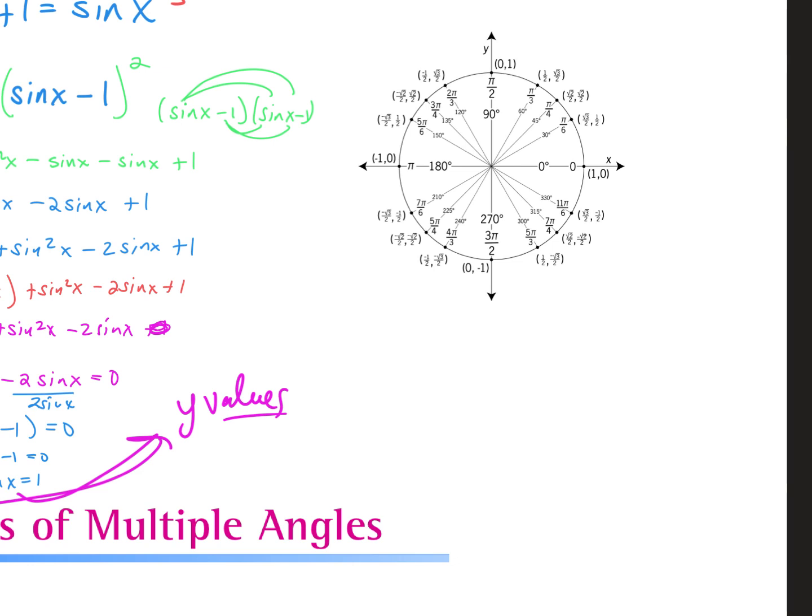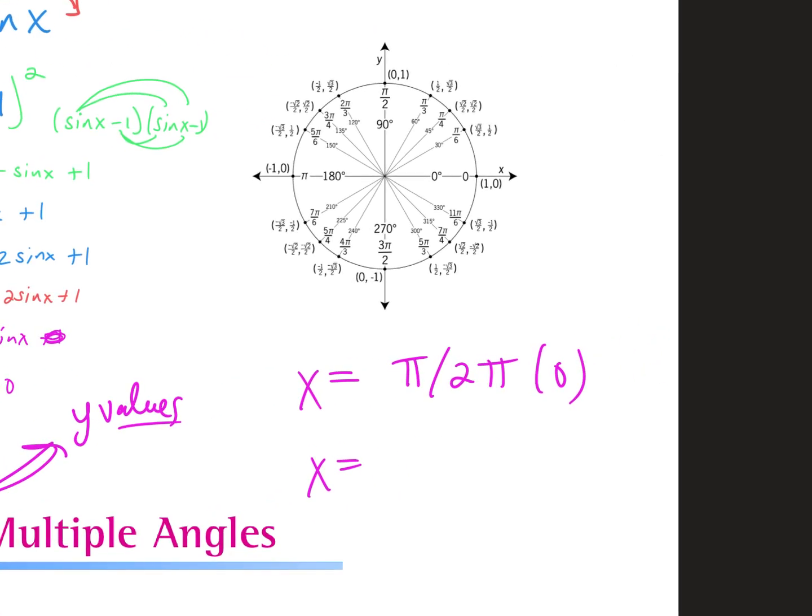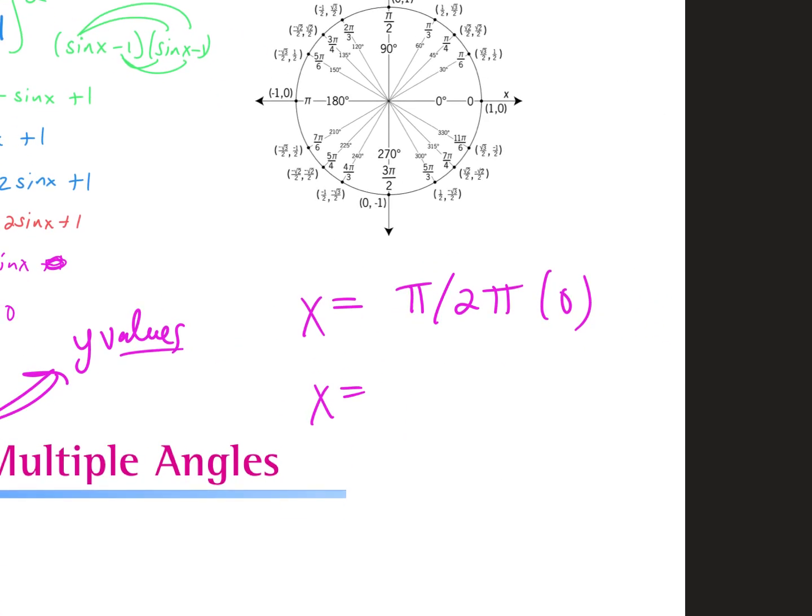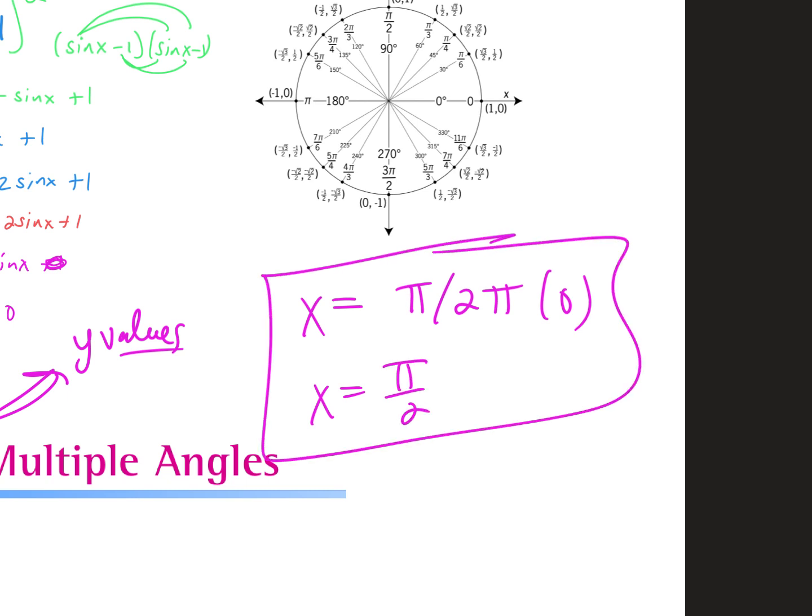So I have x equals what? My y value of 0 is where? Pi and 2 pi. What's another way we can write 2 pi? Okay. And then I also have a y value of positive 1, which is where? Perfect.